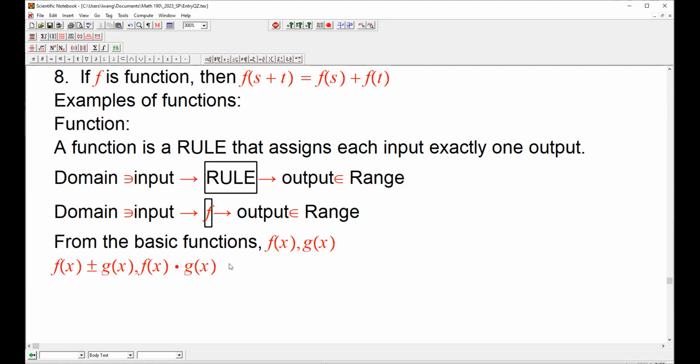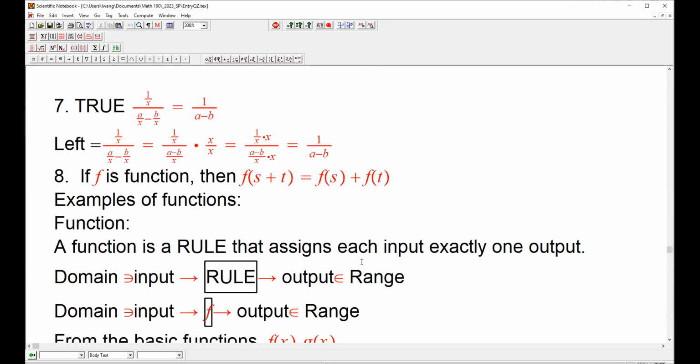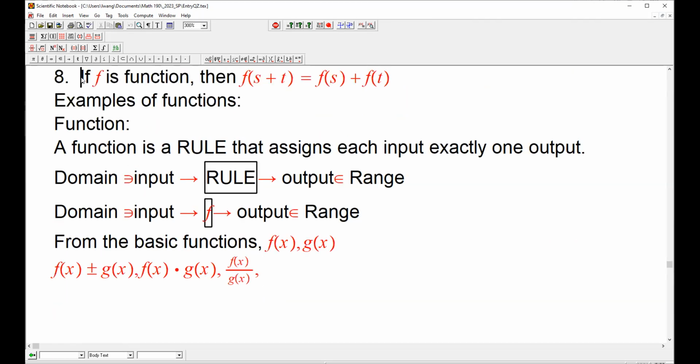You make new functions, and you can also do f of x divided by g of x, right? Provided, no zero denominator. So you add, subtract, multiply, divide, so you're going to produce more functions, including piecewise functions. You're going to produce many, many more functions, and they are all included in this short statement. I hope you understand that.